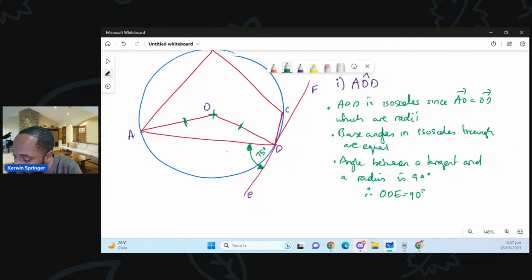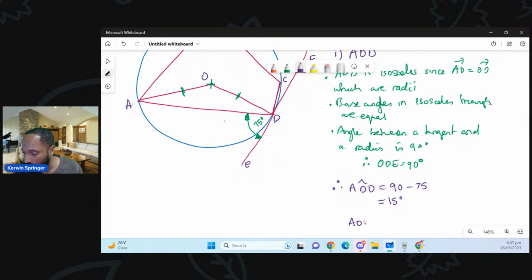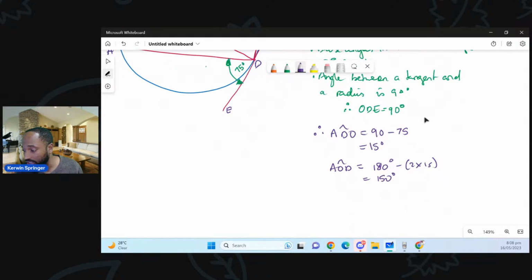Therefore, ADO is equal to 90 minus 75, which is 15 degrees. And since the base angles are equal, AOD is equal to 180 minus 2 times 15, which is 150 degrees.